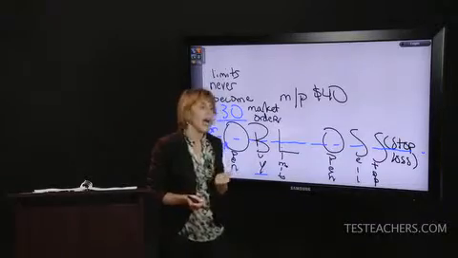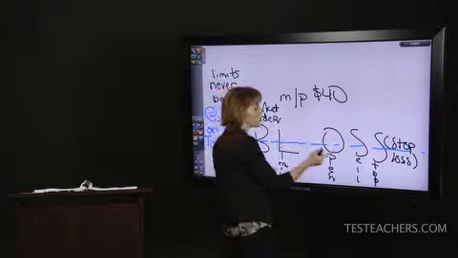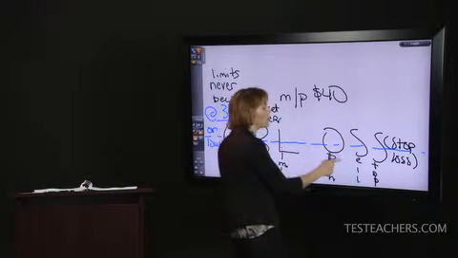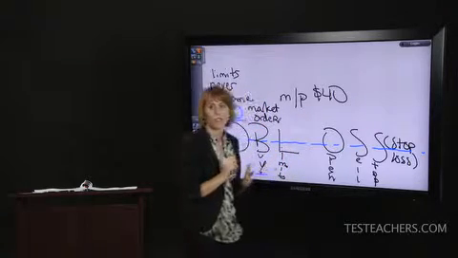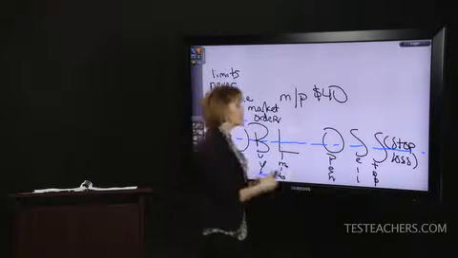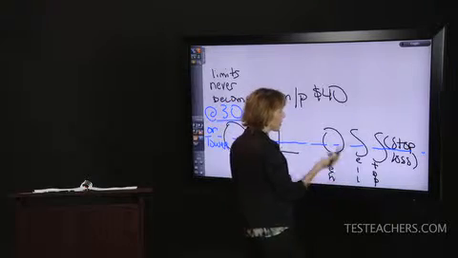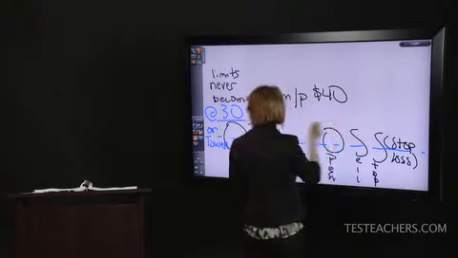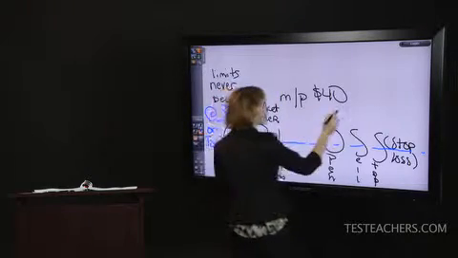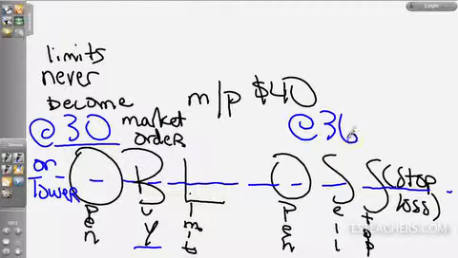So you decide that you're going to enter a stop loss, an open sell stop. And you could do it anywhere below the current market price of 40. Let's say you enter an open sell stop at 36.